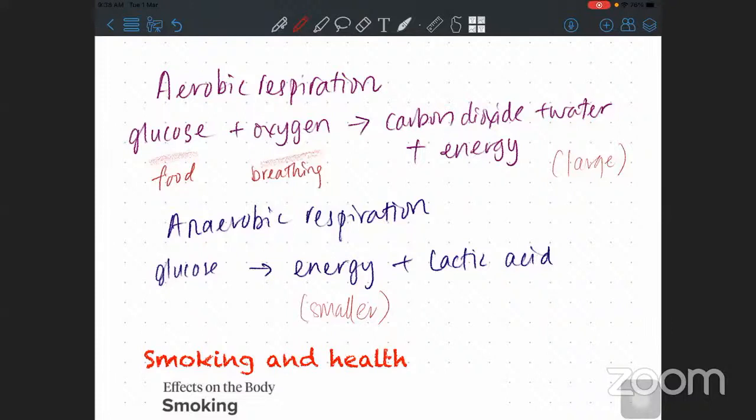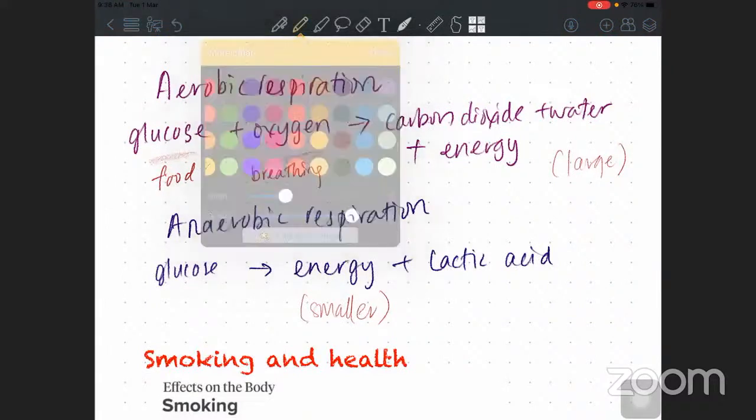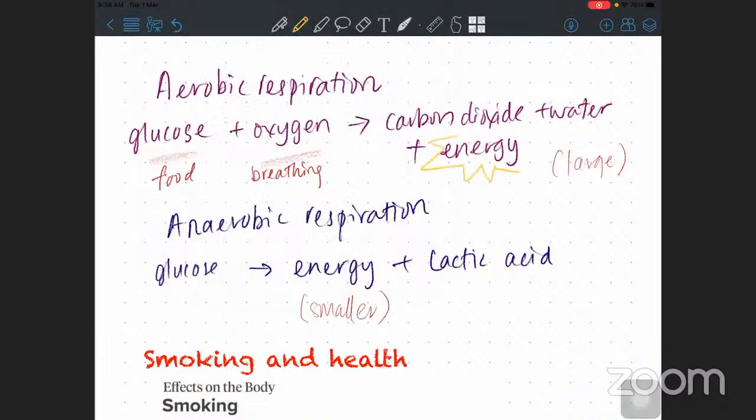We are going to use these to produce a lot of energy. The energy should look like this. Yes, this is energy, a lot of energy. And there are some side products, which are carbon dioxide, CO2, and water, H2O.